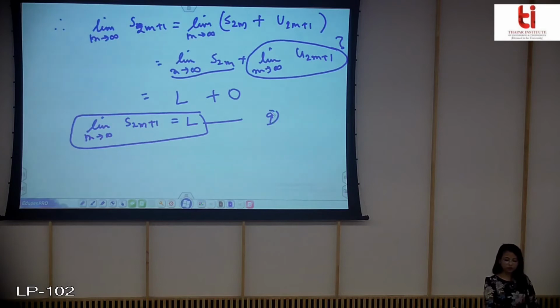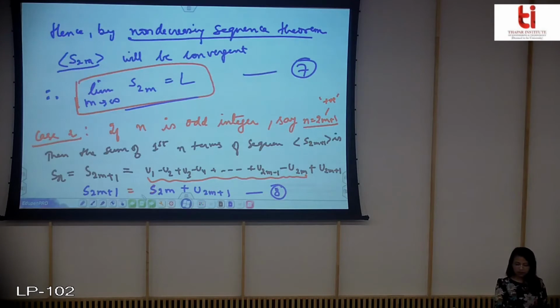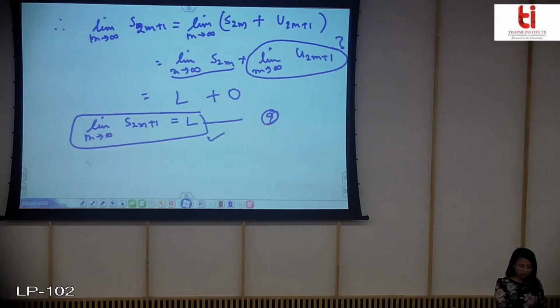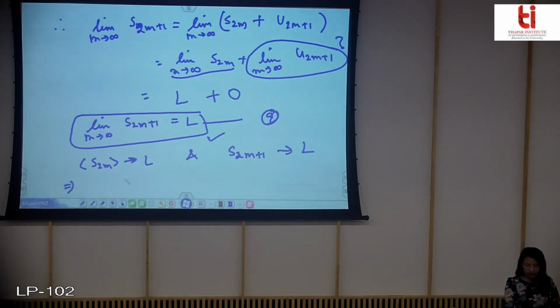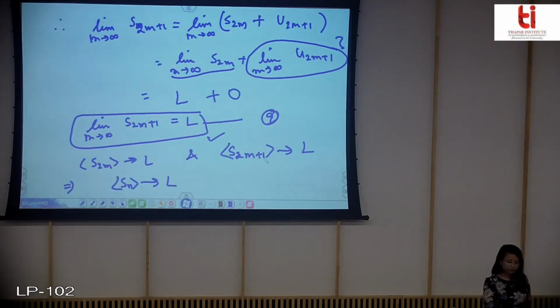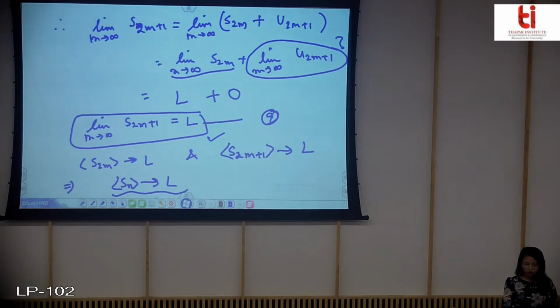9. So now from equation number 7 and this one, what will you get? You have S2m going to the limit L and S2m plus 1 going to the limit L. This implies that Sn will also go to the limit L. If the even index and odd index go to the same limit, Sn will tend towards the limit L. Now what have you proved?